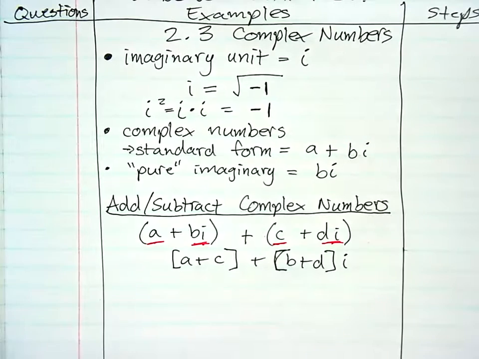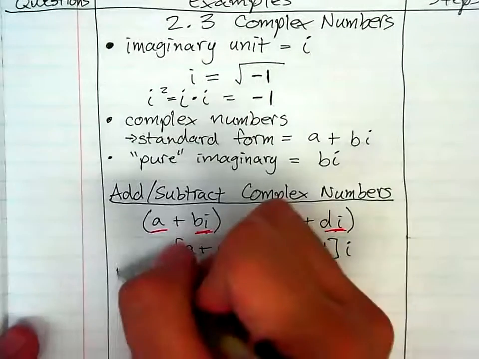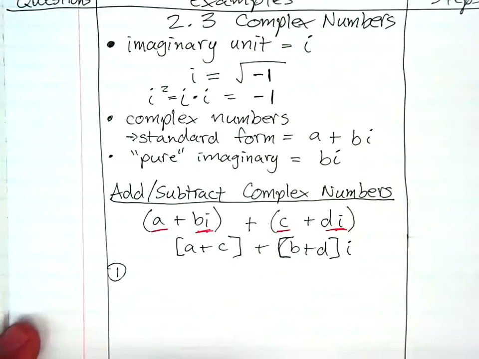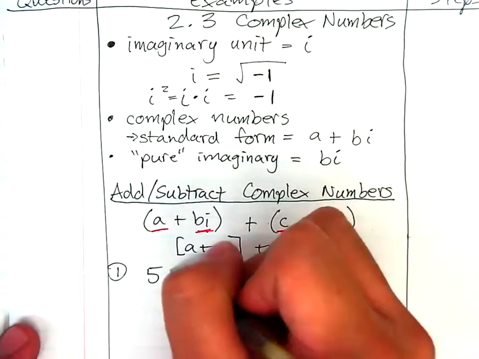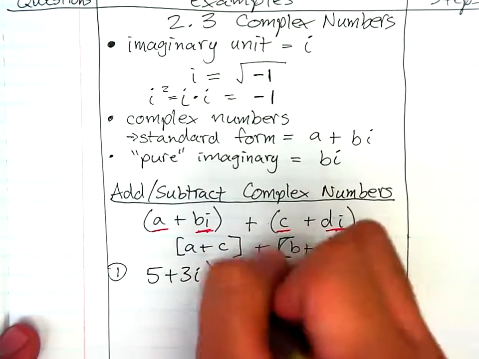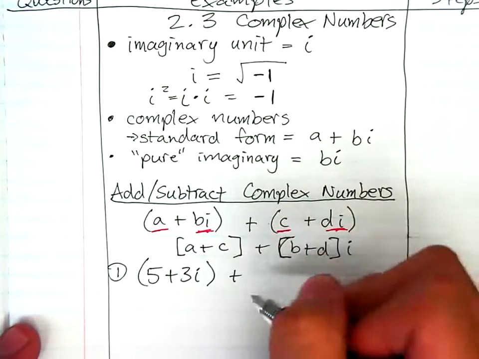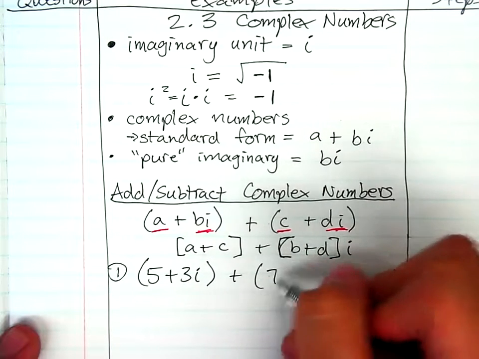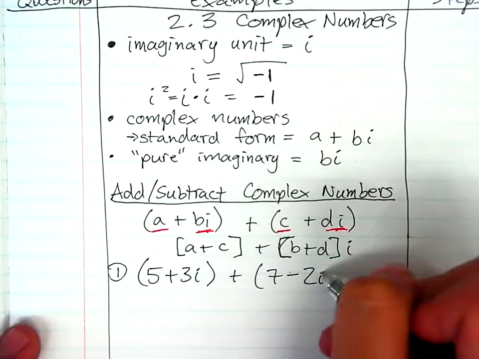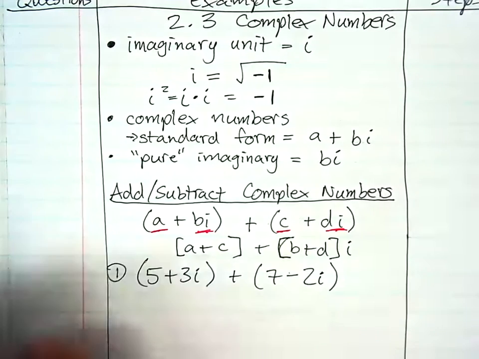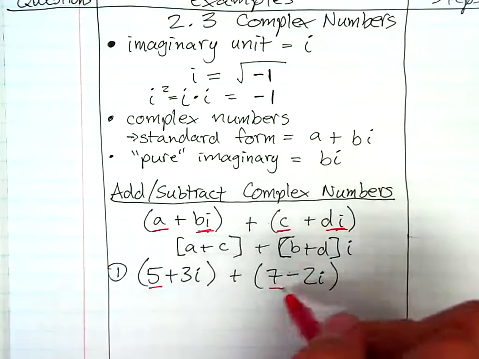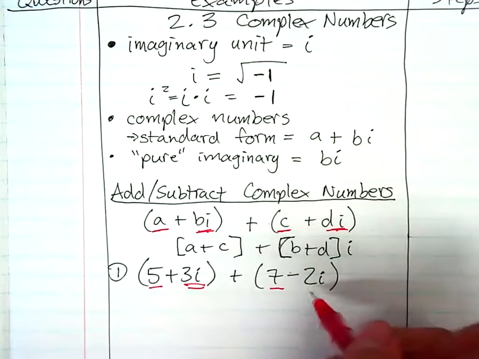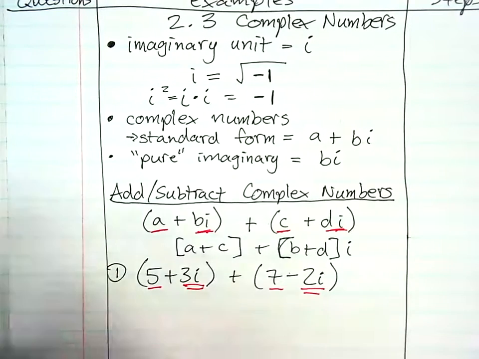Okay? Let's go ahead and do one example of that. So example 1. We're going to have 5 plus 3i, put that in parentheses, plus 7 minus 2i. So in this first example, our real numbers are 5 and 7, and our imaginary numbers are 3i and -2i.